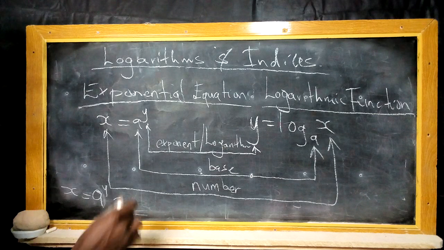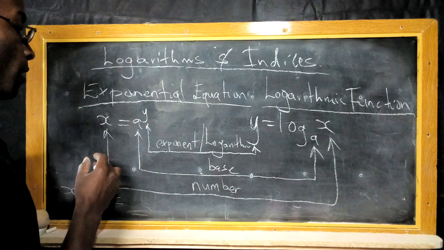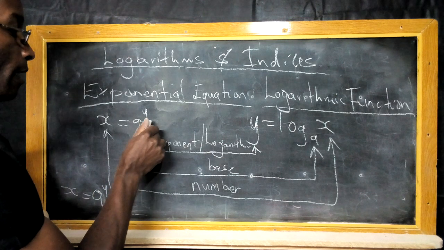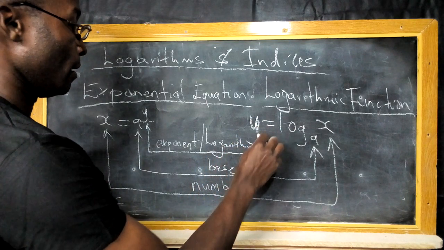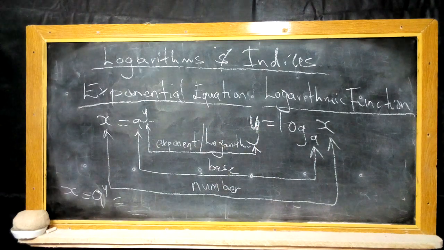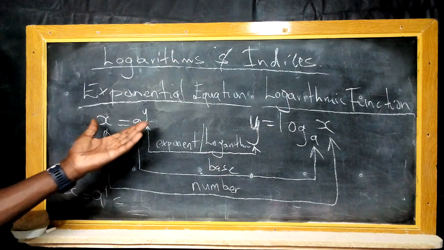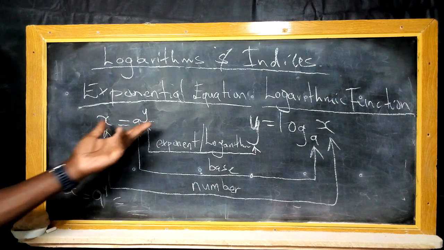So if we look at the relationship between this exponential equation and the logarithmic function, we can see that the exponent y appears as the subject of that logarithmic function. In actual sense, when we have been given this number and asked to find the logarithm, it implies that you find the value of y.